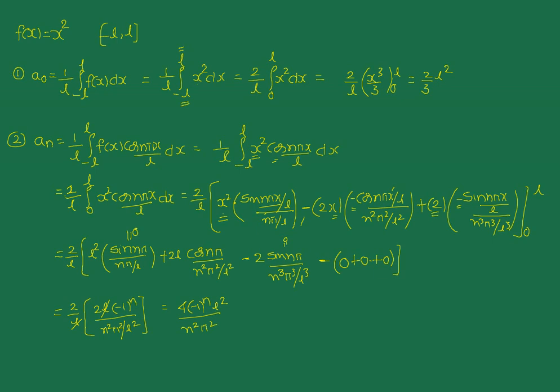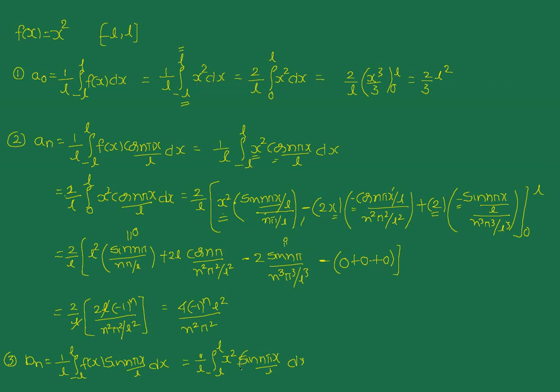So next one, bn value you have to find out. bn is equal to 1 by L integral minus L to plus L f of x into sin n pi x by L dx. That is equal to 1 by L into integral minus L to L, f of x is x square, sin n pi x by L dx.